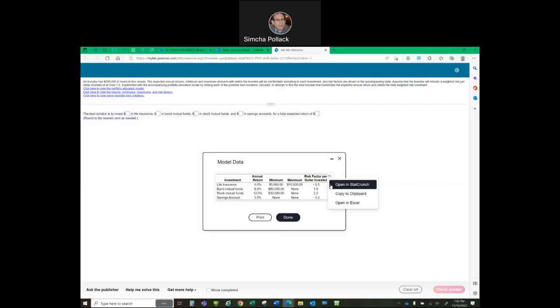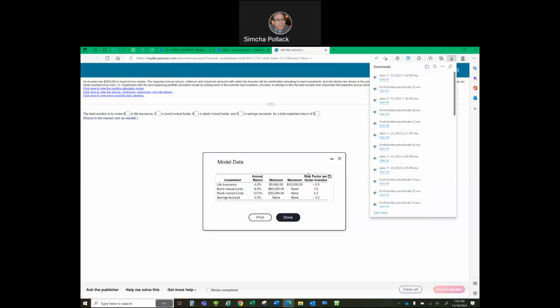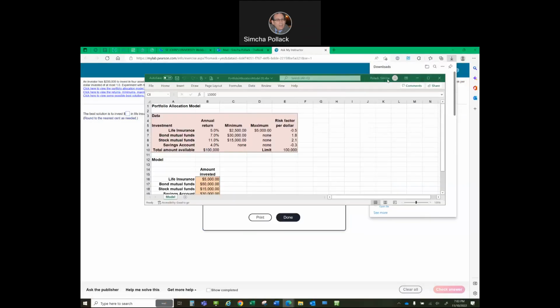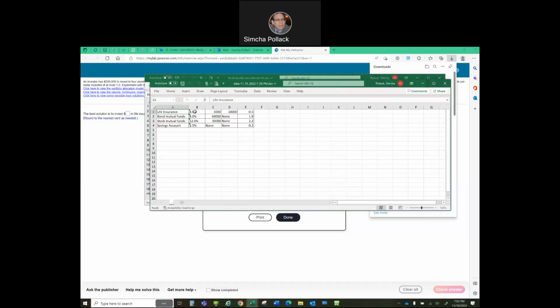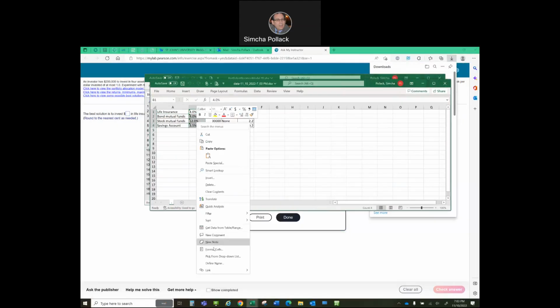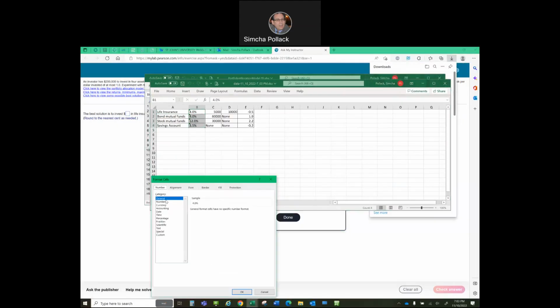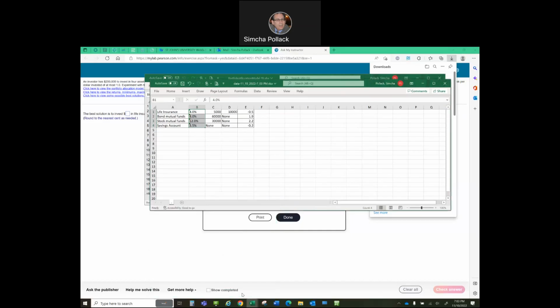Let's convert it to an Excel file, with one trick. These numbers here are just taken from the text of the example. So if you check the format, it's not going to be a percentage, it's going to be general. So you want to convert it to a percentage so the computer can use those actual numbers, not just text.